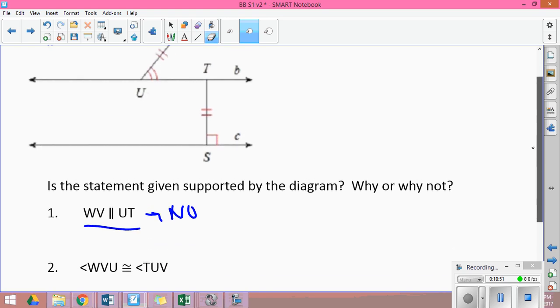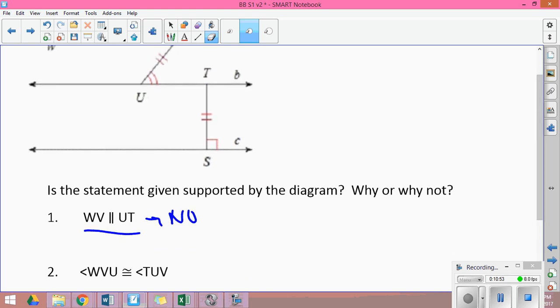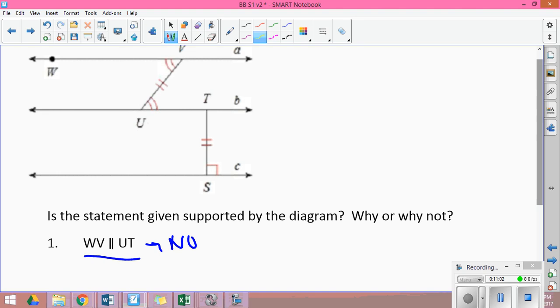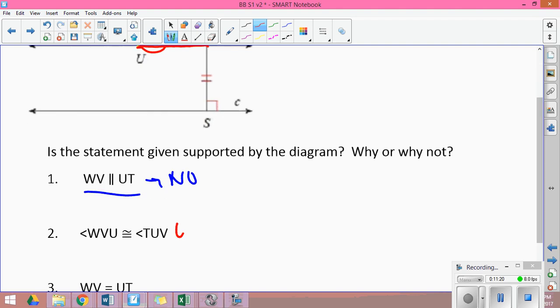If I look down to angle WVU and angle TUV, we go back here and we mark them so we can see them. WVU, W to V to U, that's this angle, and T, U's the vertex, up to V, this angle right here, are they equal? And these hash marks right there tell you, yes, those are congruent based on the picture.